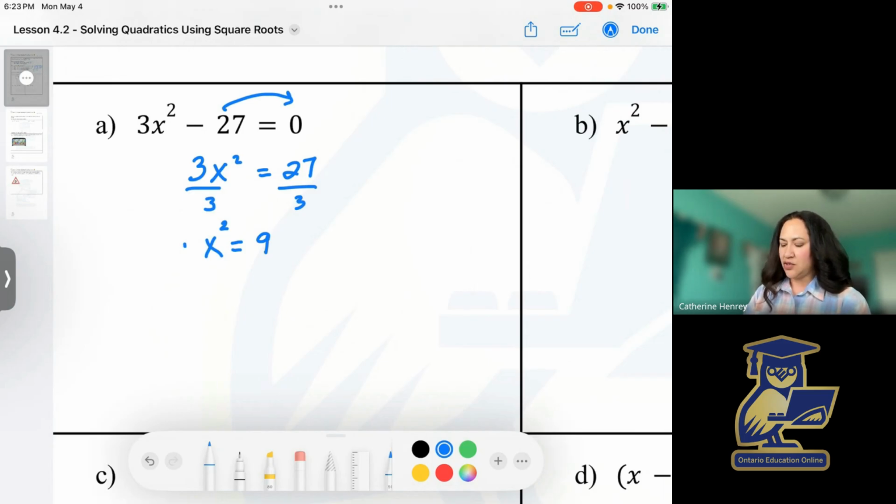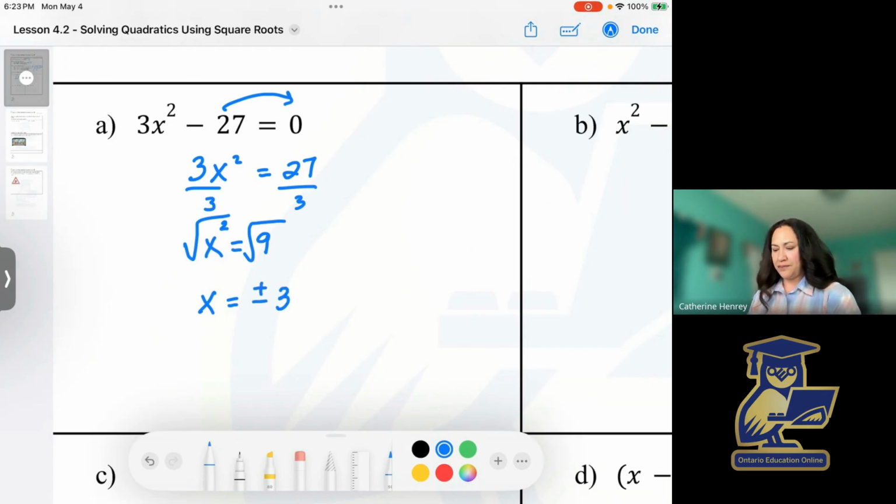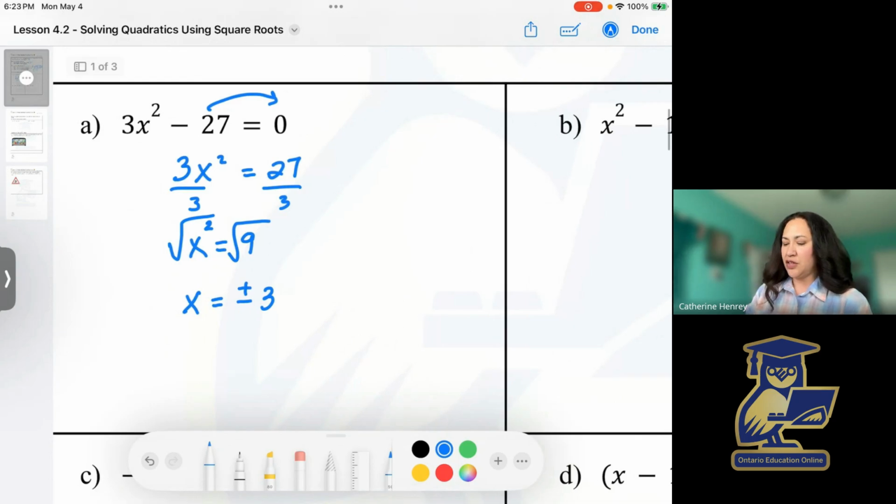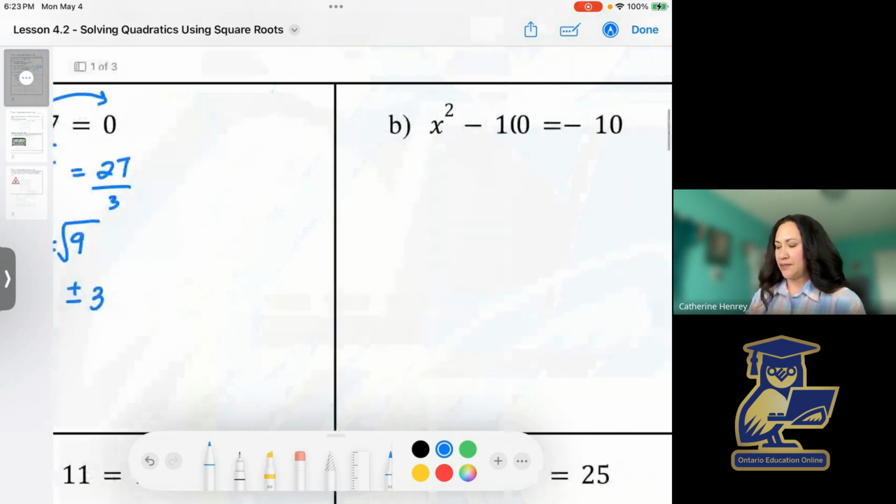Now we take the square root of both sides, and we get x equals, remember we have to include positive and negative 3. So this function has two x intercepts, and they occur at positive and negative 3. Those are solutions.